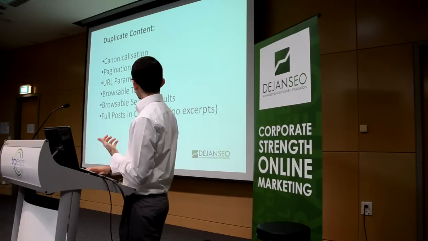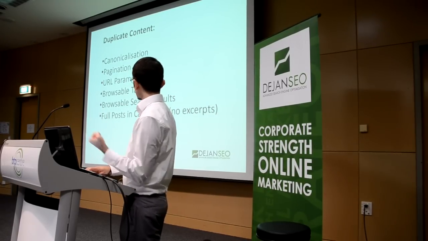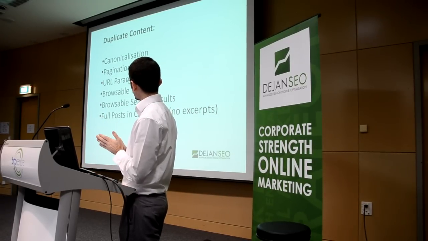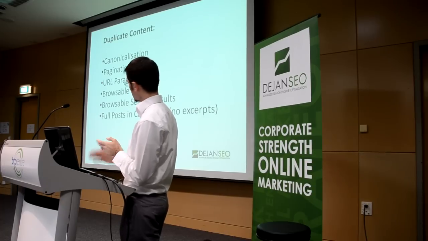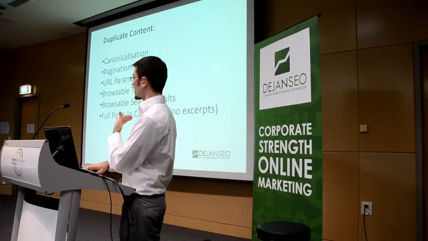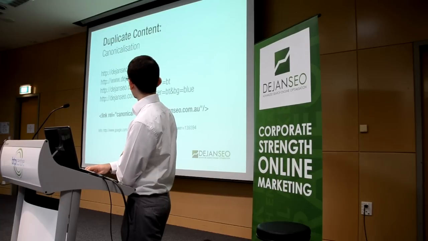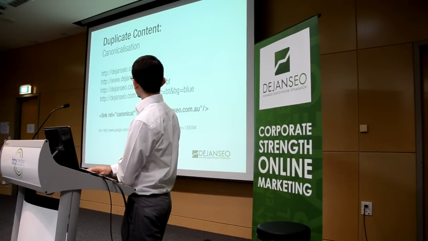Canonicalization, basically having different URLs for the same page, is a bad thing. You need to merge that in. So that's solved through canonical tags. Pagination, URL parameters, browsable tags are a really big problem. Browsable search results, and full posts and categories when we talk about blogs. So this is an example of a canonical situation.